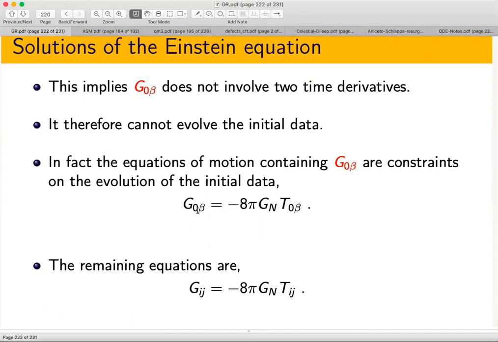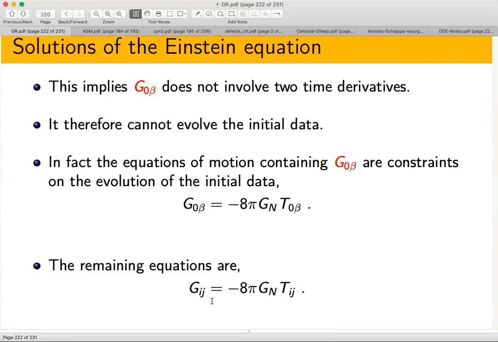Among these equations, remember beta can take the zero value. I mean, there is nothing which stops you from putting G00 equal to T00. But once you have gotten rid of those, in the sense you have converted them into constraint equations which are true at all times, the evolution equations are only these. But i, j take only three values.